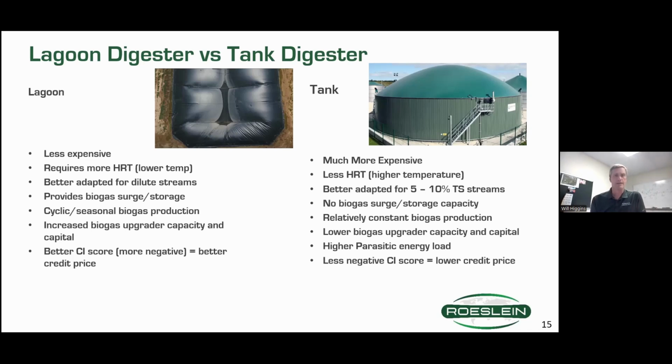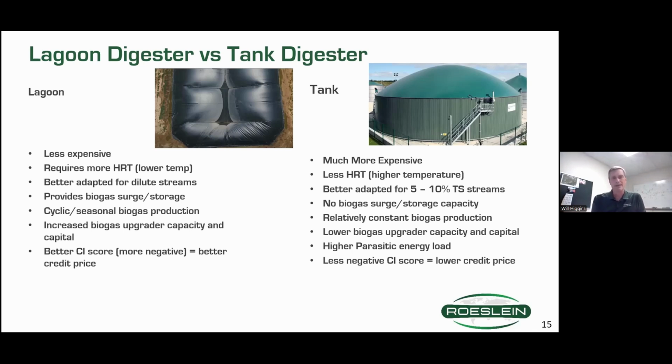So in our opinion, the lagoon digester is better suited for dilute streams. When we're talking about 0.5 to 1% total solids, that's a very dilute stream, so you need a lot of volume to get a good HRT. Now, a lagoon digester, because it's at a lower temperature than a tank digester, needs more HRT to do the same amount of digestion.